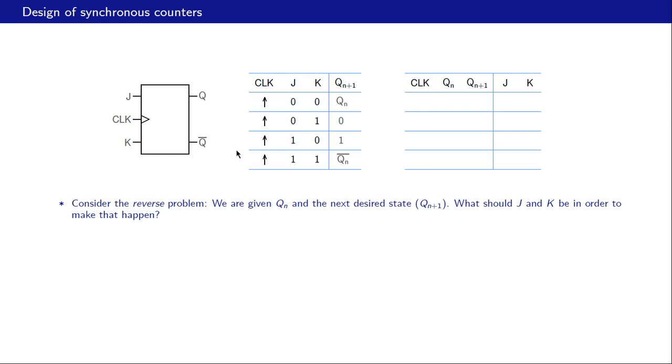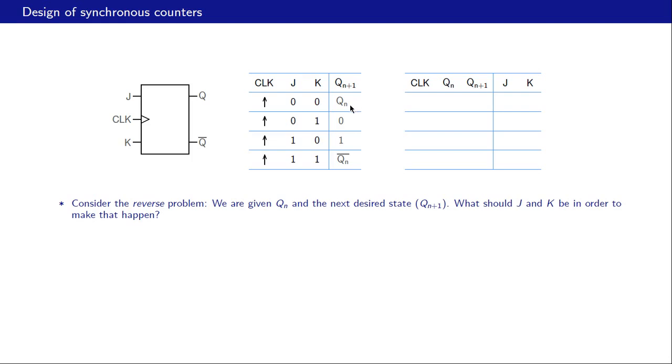We can do two things. One, we can have J equal to 0, K equal to 1. That way we ensure that Qn plus 1 is 0, that is the output just after the active edge. Or we can have J equal to 0 and K equal to 0. That will make Qn plus 1 equal to Qn, and since Qn is already 0, Qn plus 1 will also be 0.